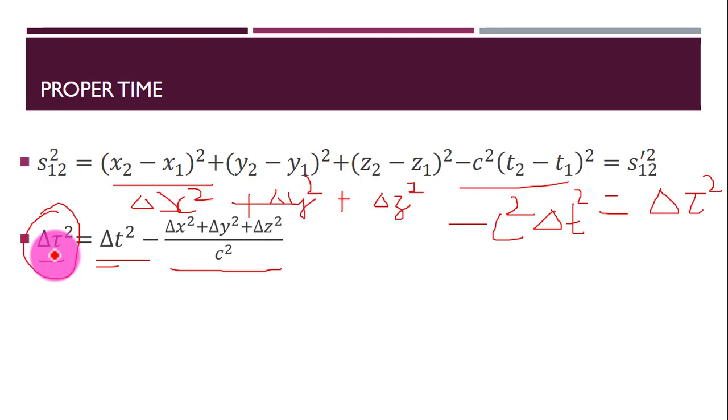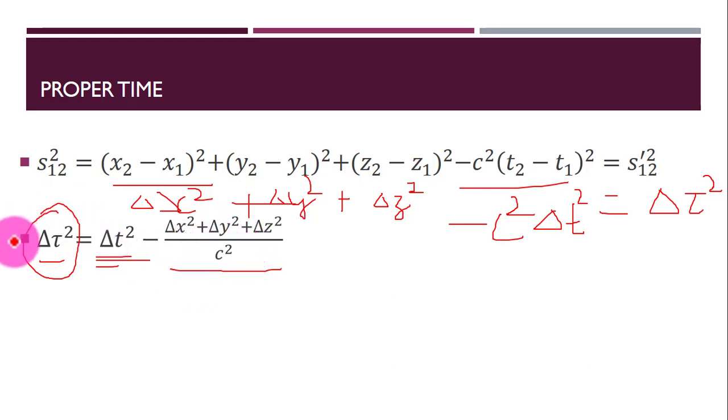Suppose we don't know in which frame of reference the events are occurring and we want to measure the proper time. Then we need to take two events in the S frame, take their separation, not their position vector, and the time between the two events, take their differences, and take the position difference divided by c square, which is invariant under all inertial frames of reference.